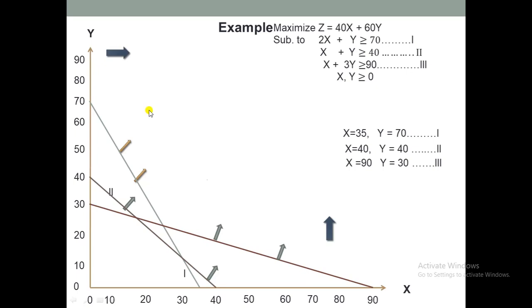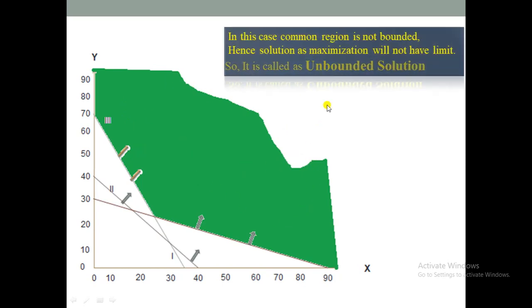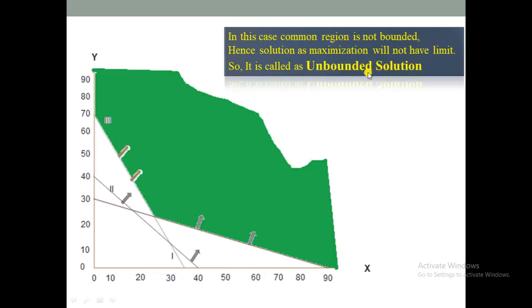So obviously this region is going to be like this. This is an open region, so it is called an unbounded solution, because it is not bounded by any boundary.